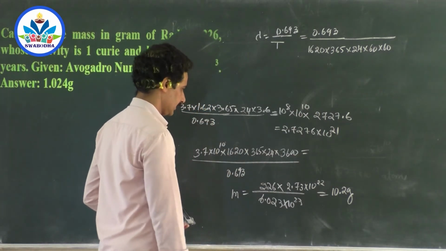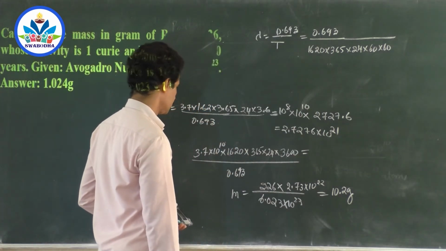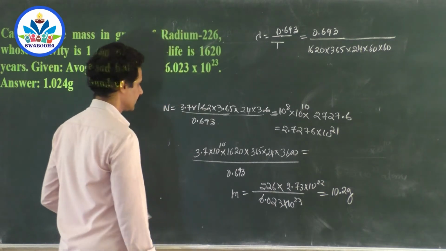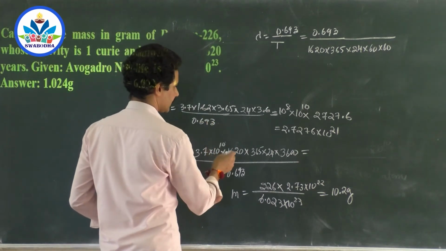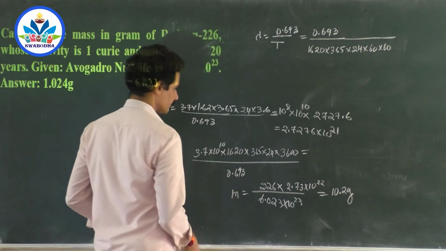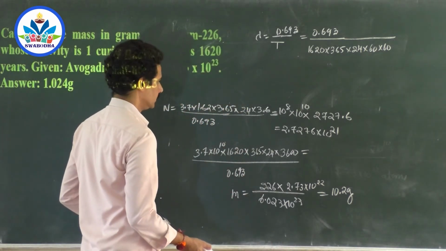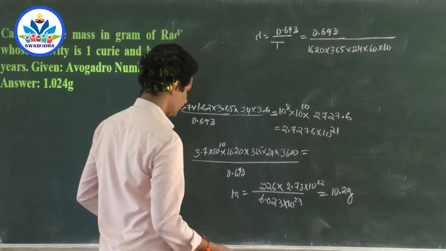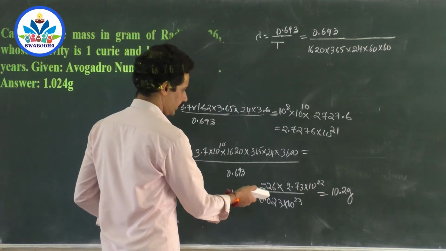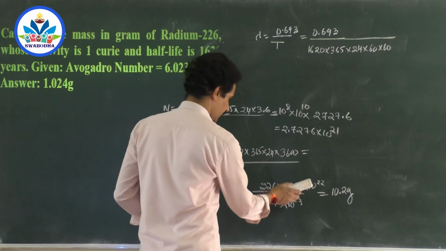So what did we write here? Number of atoms in the sample. Yeah, this is where you have to substitute the mass. Here 2 point.